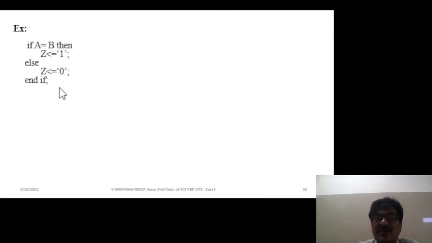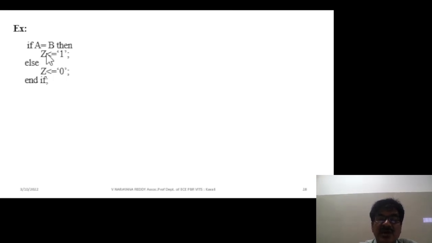If you observe here, if A equal to B, and this comparison is satisfied, that is true, then it executes Z <= 1. That means it assigns a logical 1, a binary 1, to signal Z. Else means A not equal to B, that is, the condition is false.